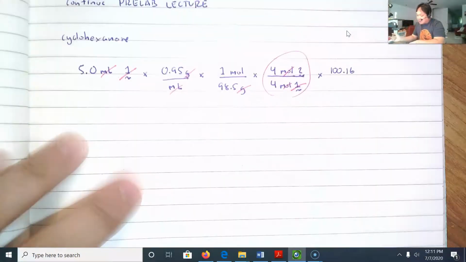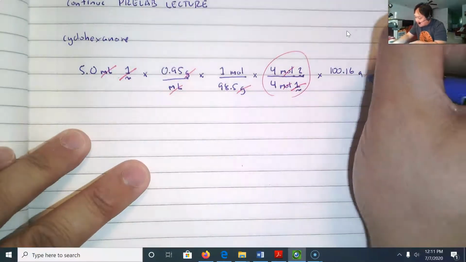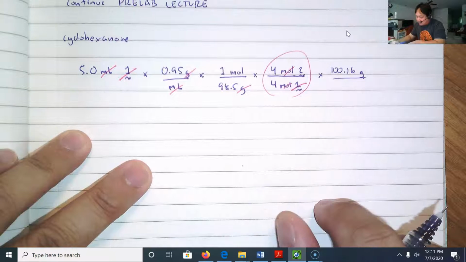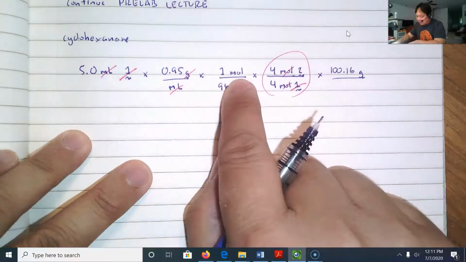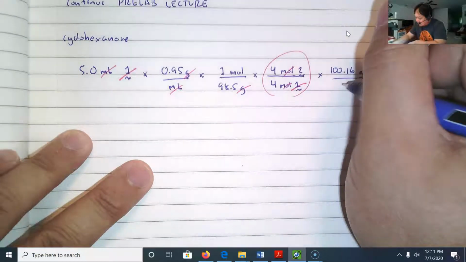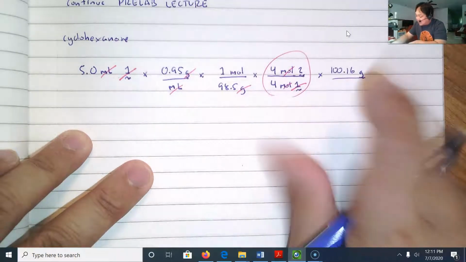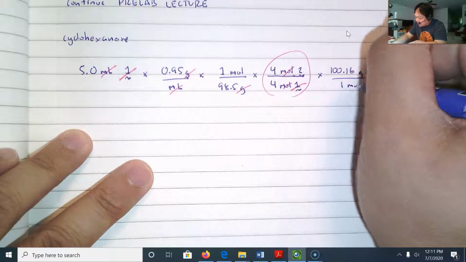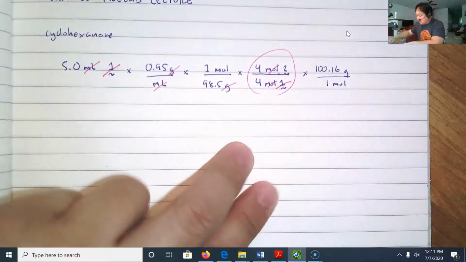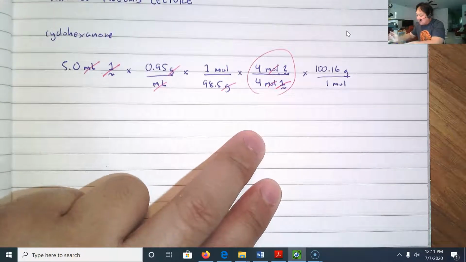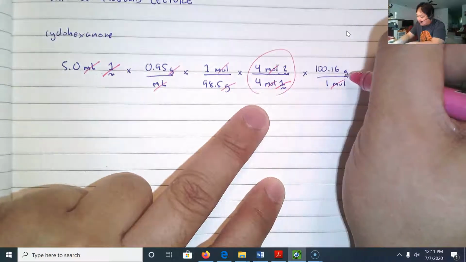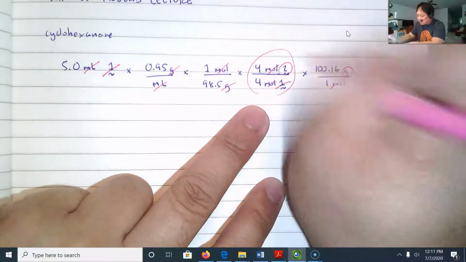And do we want grams on top? We want grams on top because we want to cancel out this mole right here. 100.16 grams per mole. Mole of what? Mole of 2. So we get rid of that, and what are we left with? We're left with grams of 2.